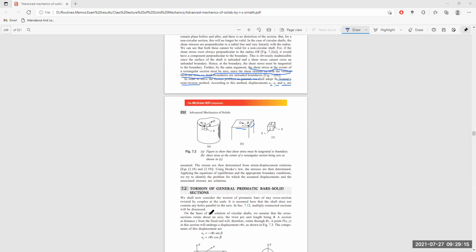The cross section may be round or not round, but it always has an axis, so we can think of them as rotating about it. Now the twist per unit length is theta. A section at a distance z from the fixed end will therefore rotate through theta times z.